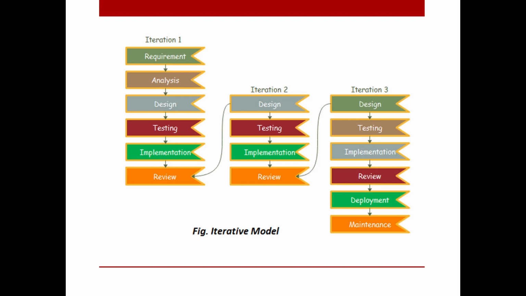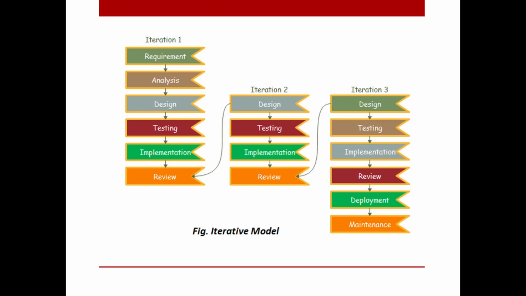Moreover, the iterative process starts with a simple implementation of a small set of software requirements, which iteratively enhances the evolving versions until the complete system is implemented and ready to be deployed. Each release of the iterative model is developed in a specific and fixed time period, which is called an iteration.